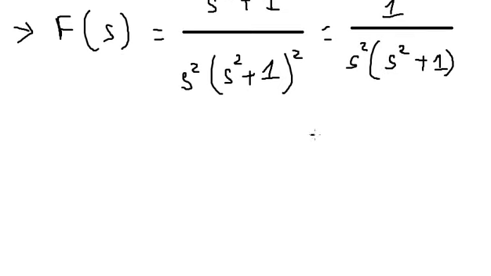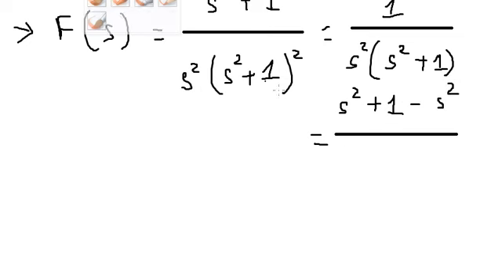Next, we need to add s squared, and later we need to subtract s squared. So in this situation, this one divided by this one, we have number 1.